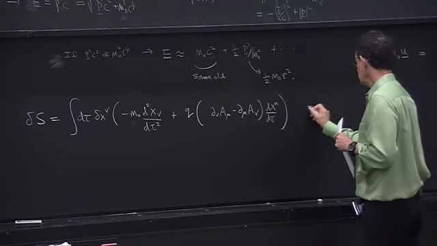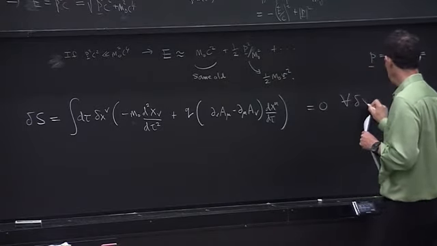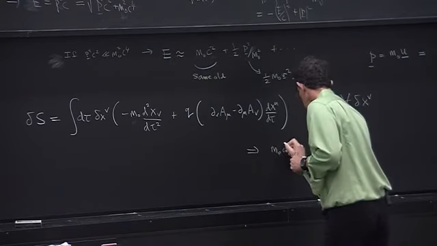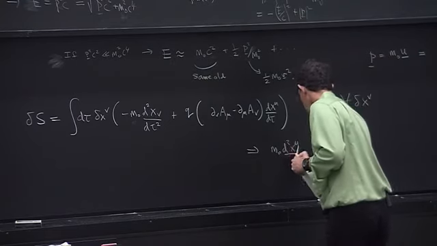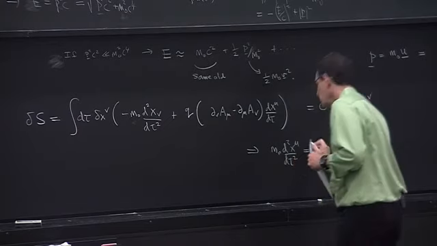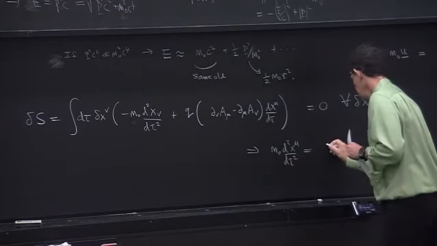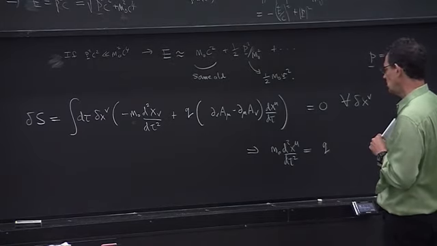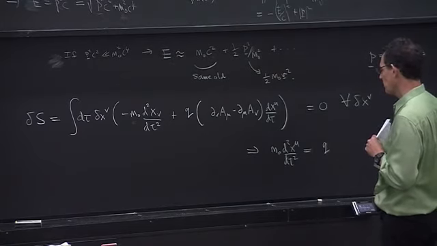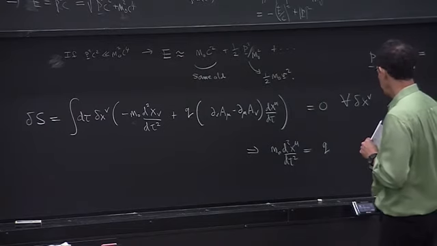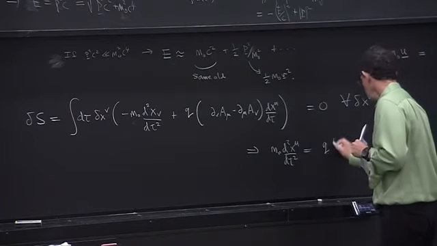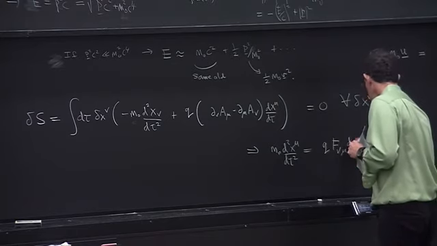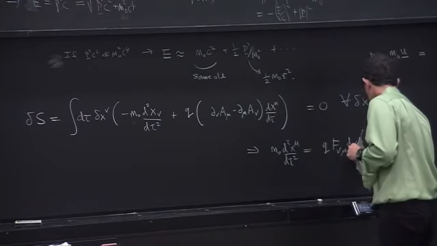So this equals 0 for all delta x nu. So it follows that m naught d2x mu d tau squared equals q F nu mu dx mu d tau.